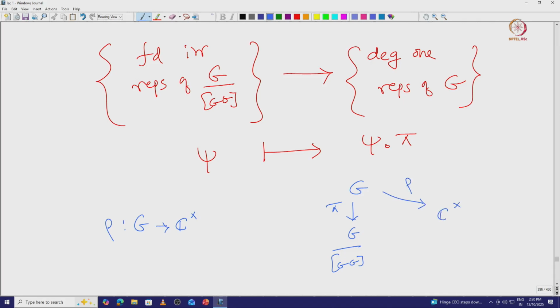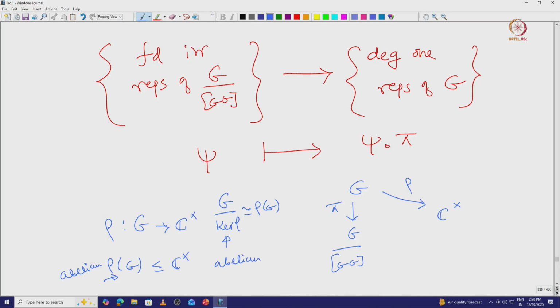Now the image of rho is going to be a subgroup of C cross, and C cross is abelian, so this is an abelian subgroup. Since this is an abelian subgroup, G modulo kernel is going to be isomorphic to rho of G, so this is indeed abelian.